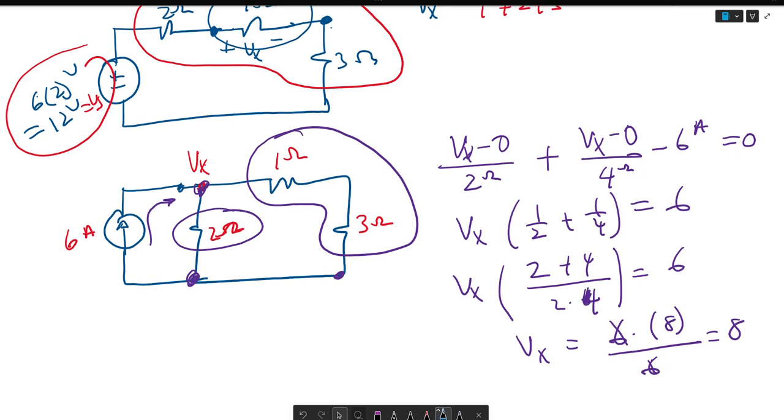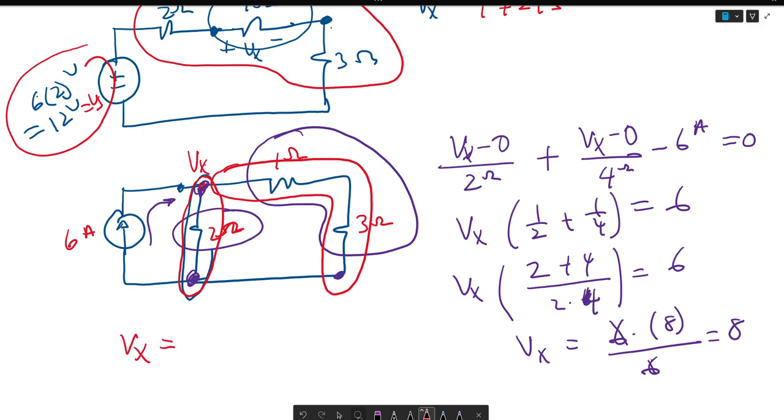So then I can find Ix. And we know that if Vx flows through this resistor, let me use a different color, if Vx flows through this resistor, it's also flowing through this resistor. So this is Ix coming in here.